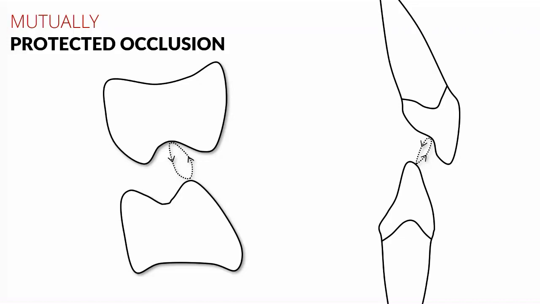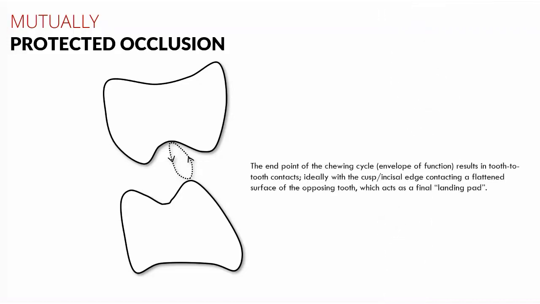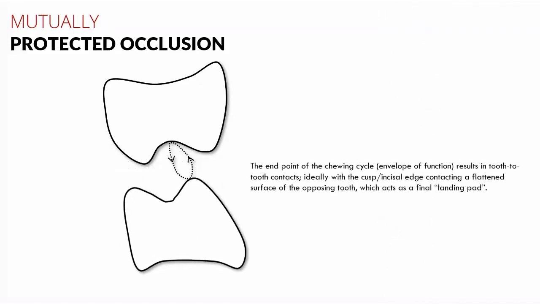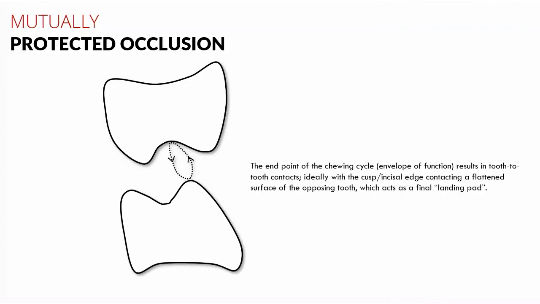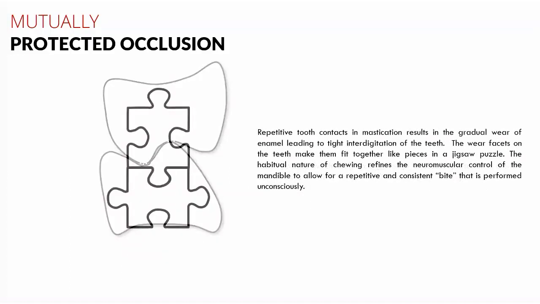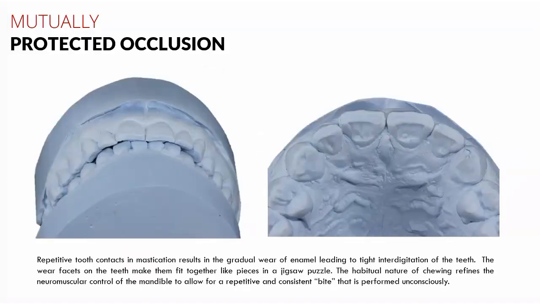So the idea is that every time you're doing this, your teeth are touching, and over a long period of time, guess what happens? The tooth structure kind of wears, right? And it builds this landing pad, where now, if we were to take a cross-section, let me jump ahead. So this is an example of somebody's cast of their teeth.